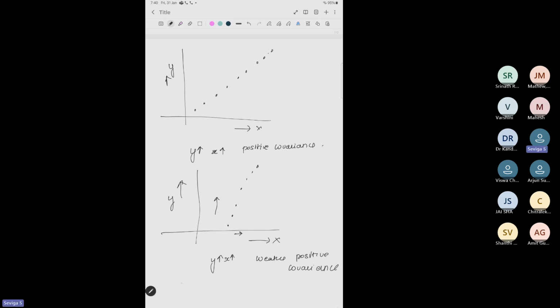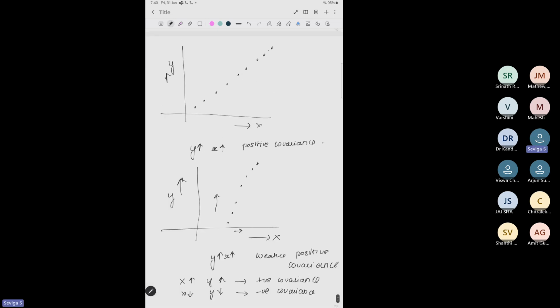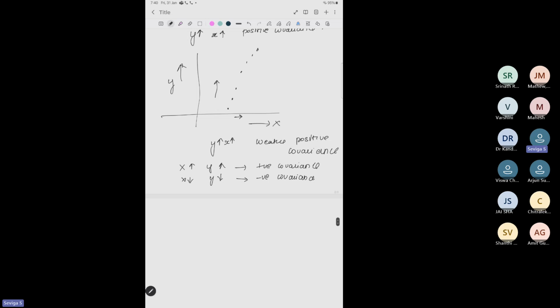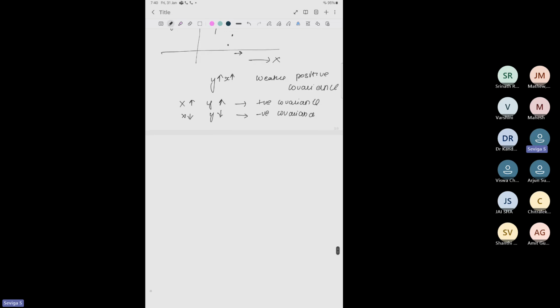So if x increases, y is also increasing, it is positive covariance. If x decreases, y is also decreasing, it is also called a positive covariance. So when two variables covary, we call the term covariance. Covariance is nothing but finding the relationship between two variables.